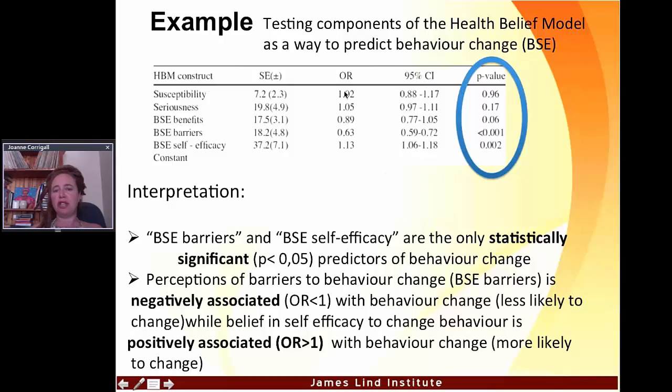So here's the odds ratios that they've got. Here, we know that an odds ratio of 1 or more means that they're more likely to do something. An odds ratio of 1 or less means they're less likely to do something, okay? But before we start going, oh, okay, well, here we go. This is more than 1, so people who think they're susceptible are more likely to be tested.